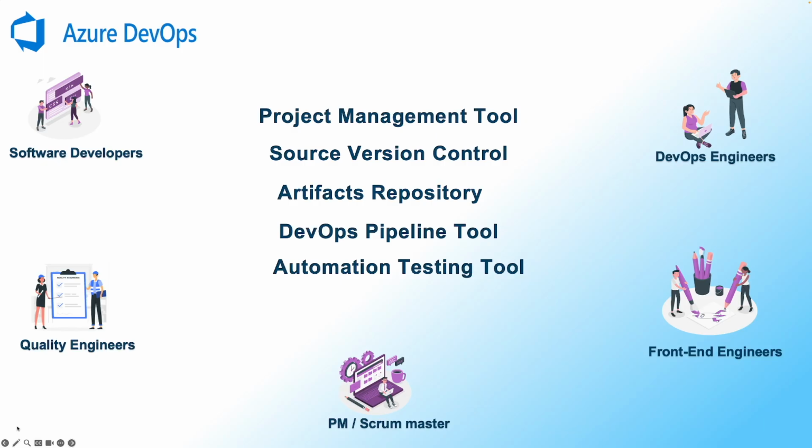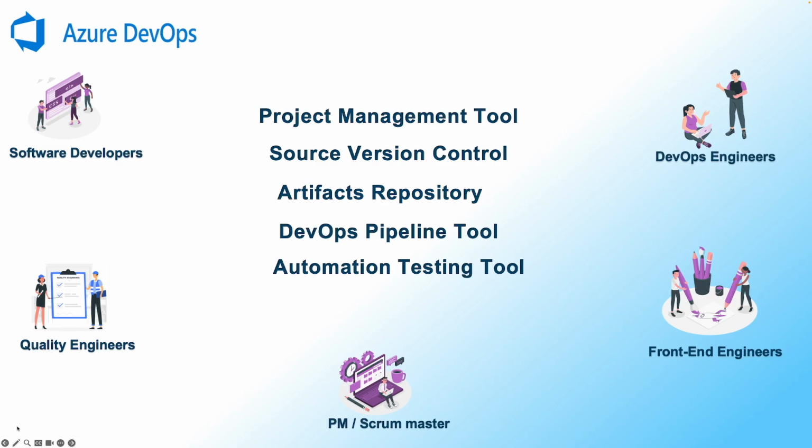For distribution of work among team, project status and the tracking, a project management tool is required. For collaboration and the source code, we need version control. For managing external and internal libraries of packages, an artifact repo is required. For deployment of application and infrastructure, CI/CD tool is required. For storing and running test cases, an automation testing tool is required.